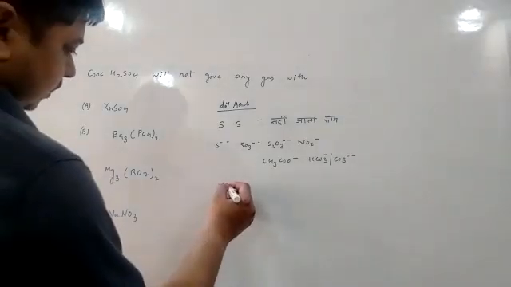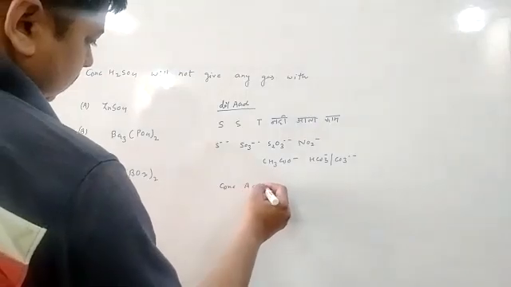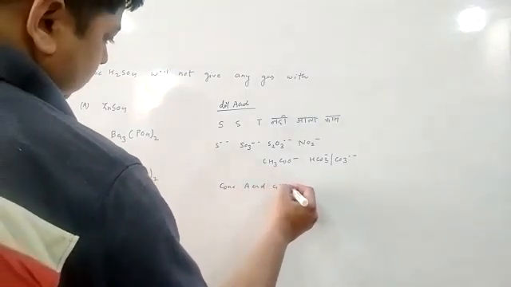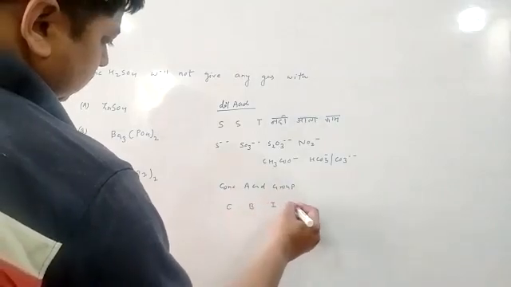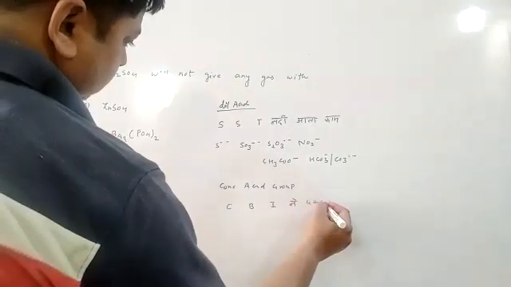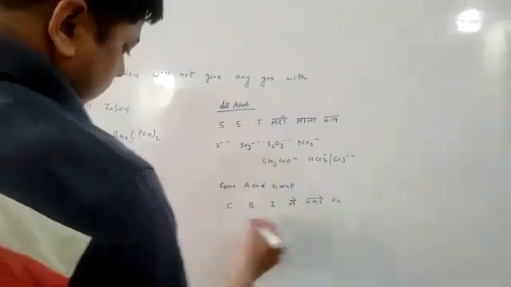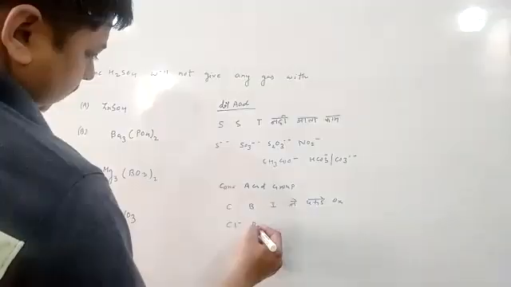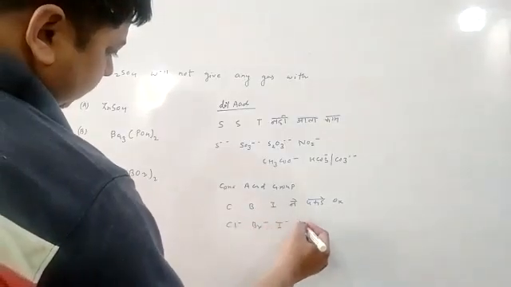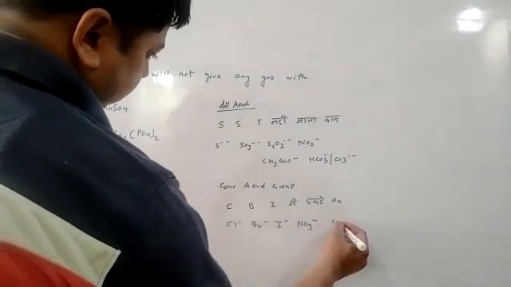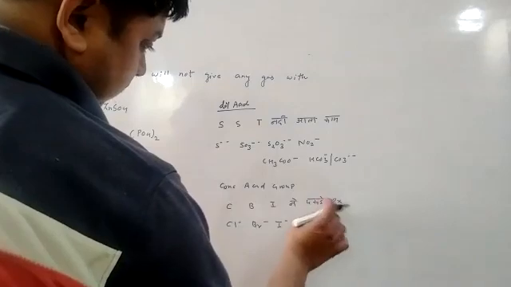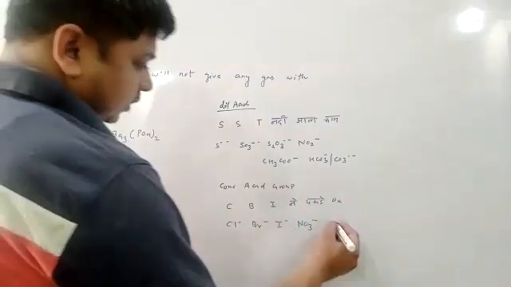Second is the concentrated group. CBI ने पकड़े ऑक्स: chloride, bromide, iodide, nitrate, and oxalate.